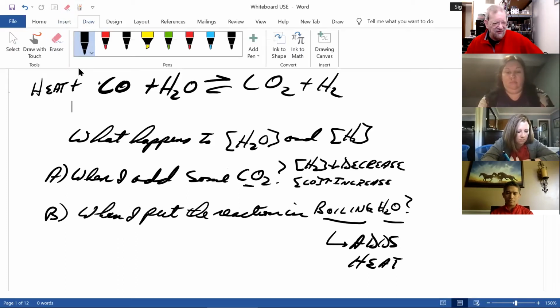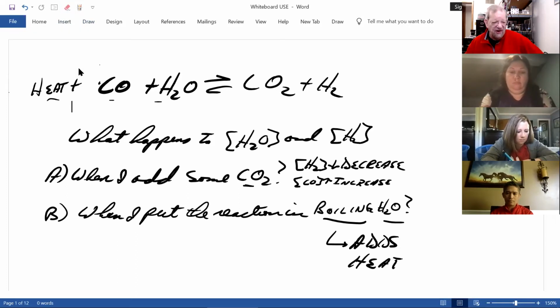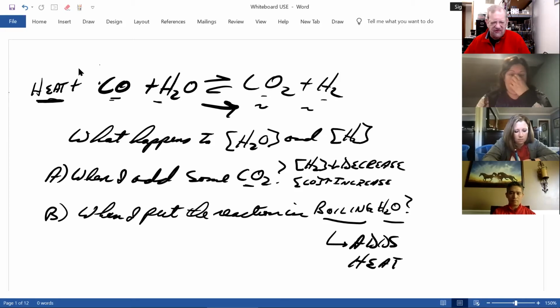At equilibrium, there was a certain amount of heat, CO2, CO, water, CO2, hydrogen. Now we've added heat and it says, oh no, I have too much heat. How do I get rid of heat? Heat reacts with CO and water to go that way to make more CO2 and hydrogen.